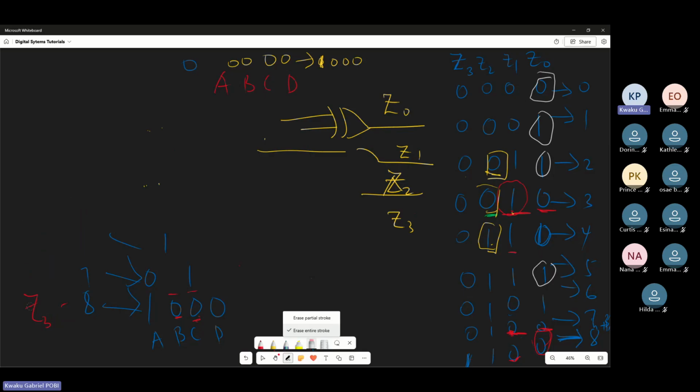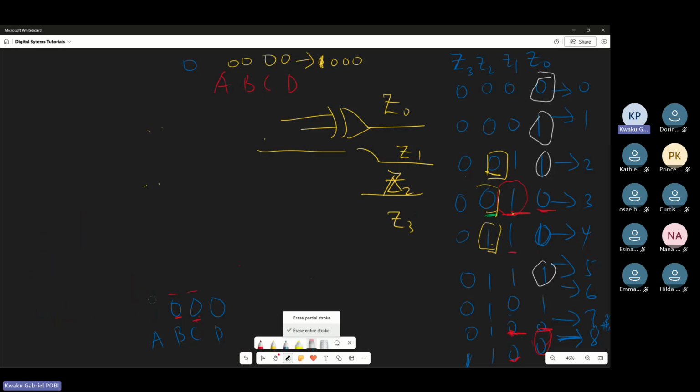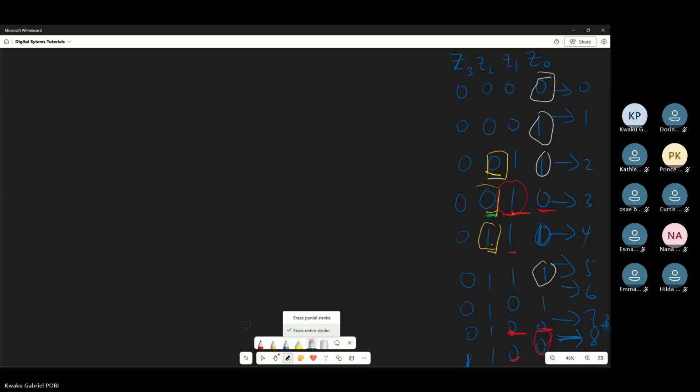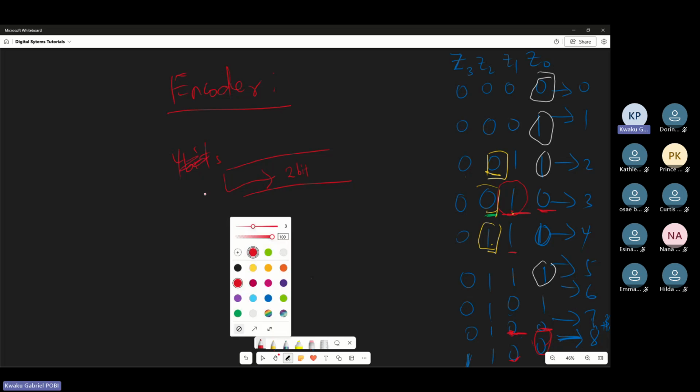So the bulk data, you want to put them in something smaller than before. So it's like you are merging a lot of things together to be transmitted, basically. So that's an encoder. Encoding is, you have, let's say, 4 bits to transmit through a channel. But then you can actually use just 2 bits. Let me use 4 numbers instead. You have 4 numbers.